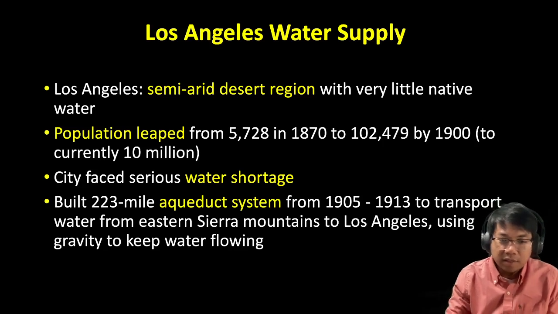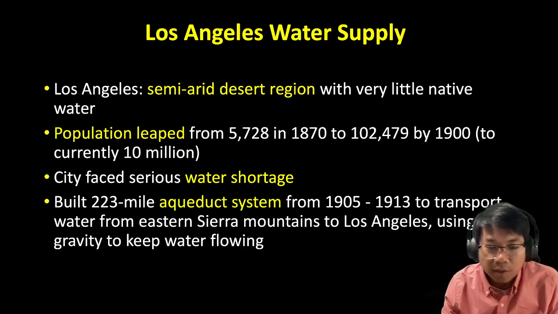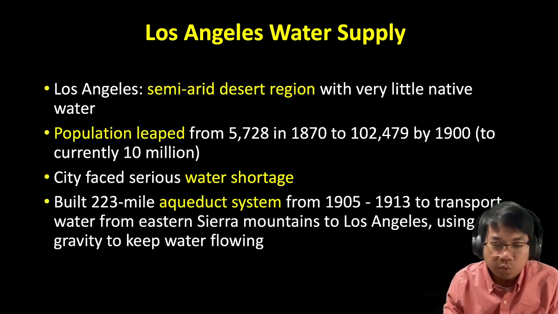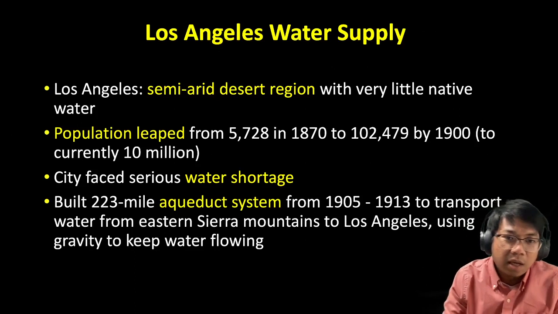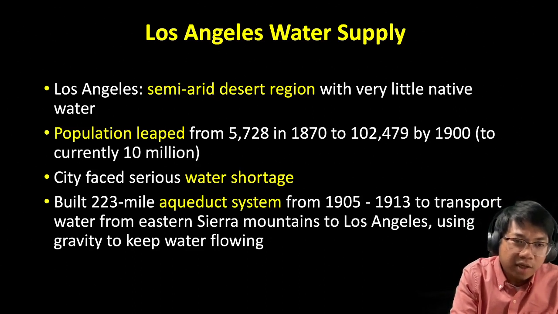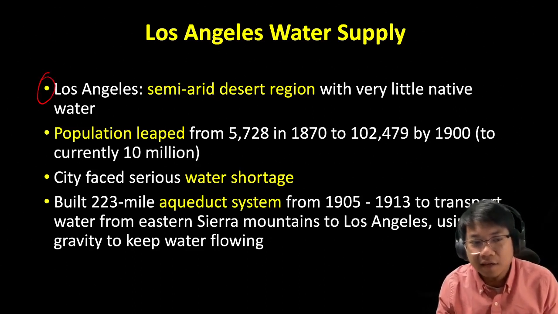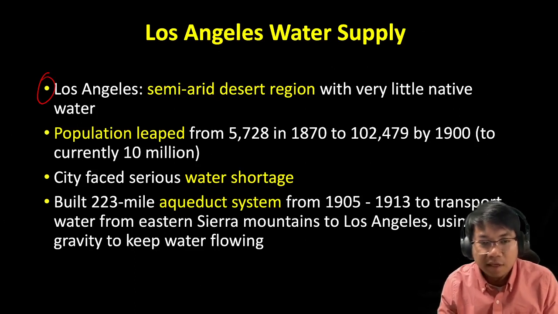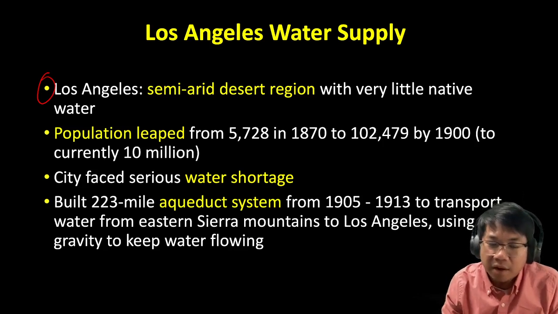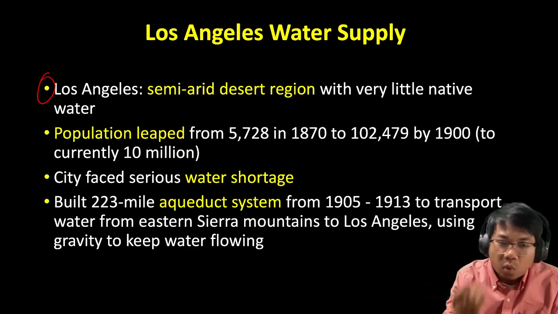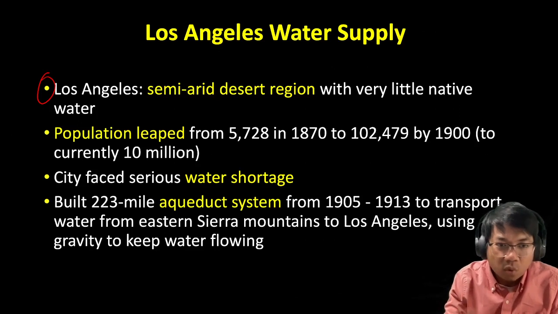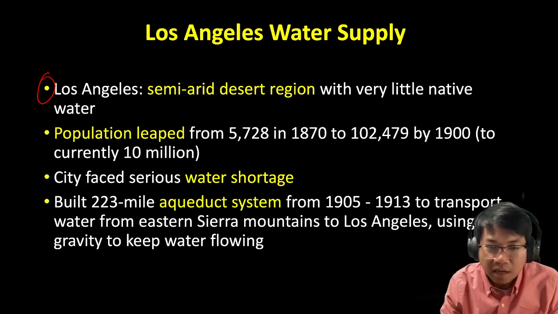Now, Los Angeles, California also has issues with fresh water, and this is something that we've probably heard about through the news. If we take a case study in Los Angeles, it is one of the big cities in California, and it is actually located in a semi-arid desert region with very little native water resources around the city itself.